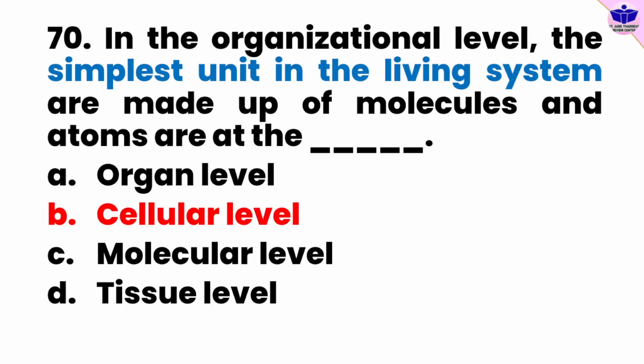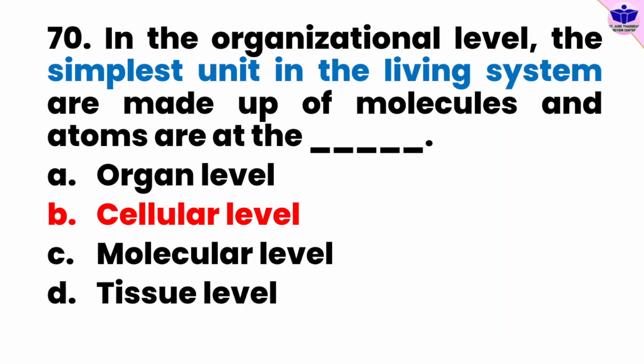It's the simplest unit, it's a basic unit of life, and cells are made of molecules and atoms. Molecular level, on the other hand, is made of subatomic particles like protons, electrons, neutrons, and are also made of chemical bonds. Tissue level is made of cells. Organ level is made of tissue.